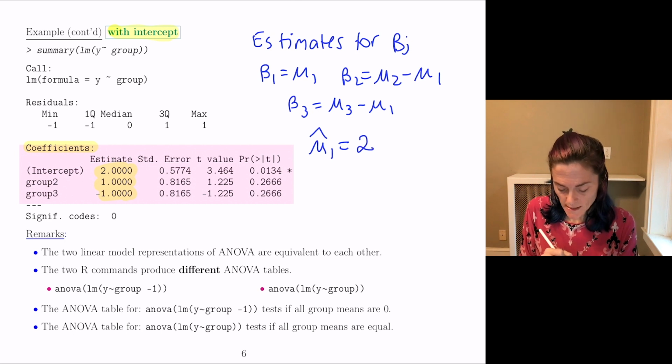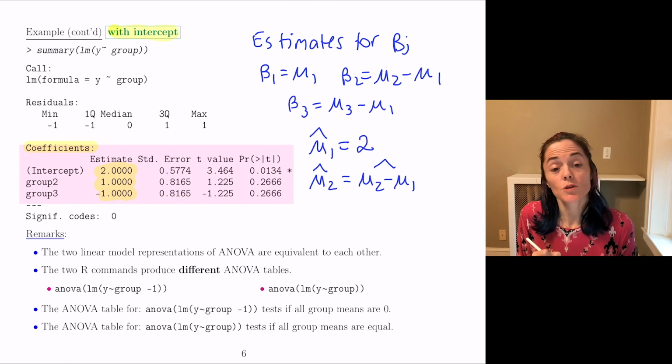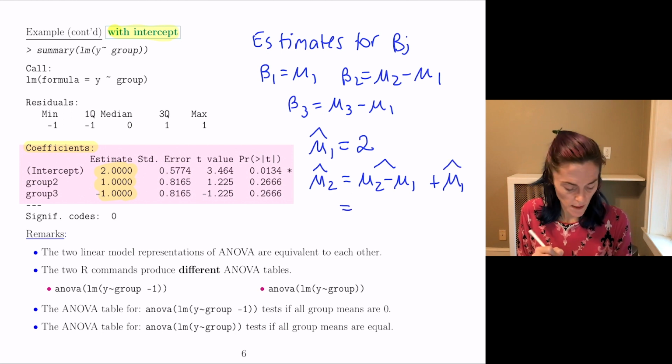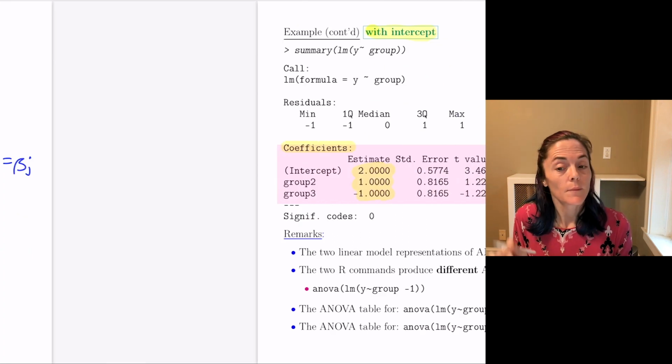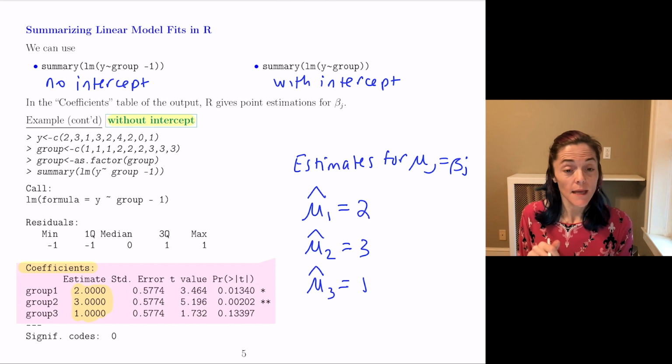But if you want an estimate for mu2, you have to take what we see in the chart, the estimate for mu2 minus mu1 plus the estimate for mu1. And you notice we get 1 plus 2 equals 3. Back it up. You see it agrees with the other table.